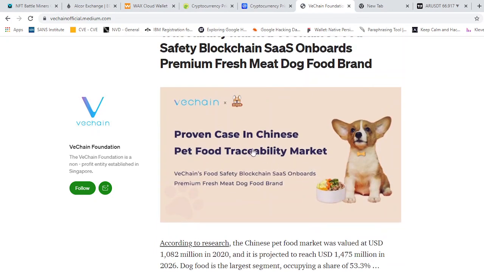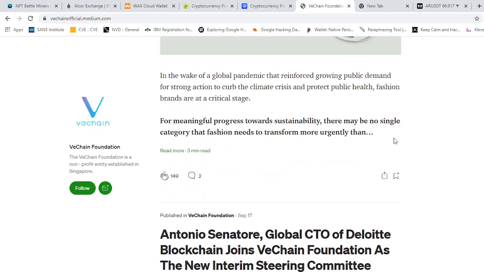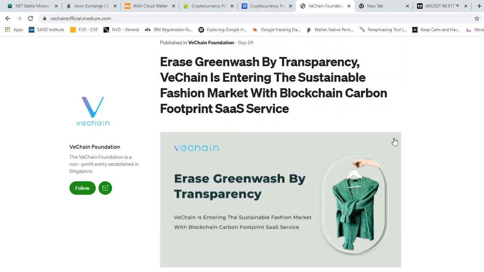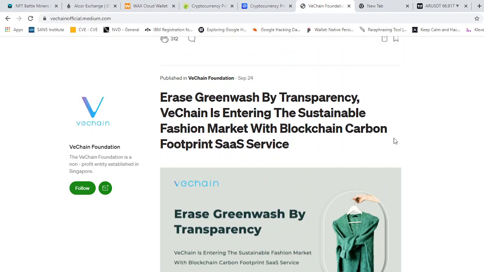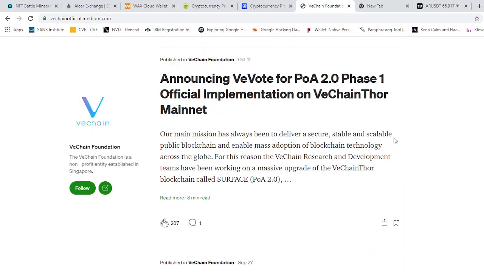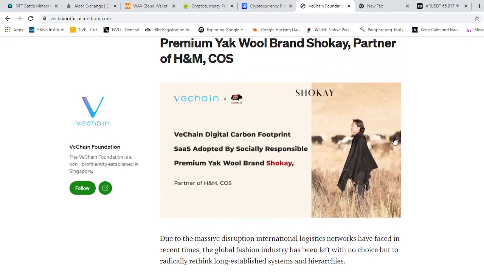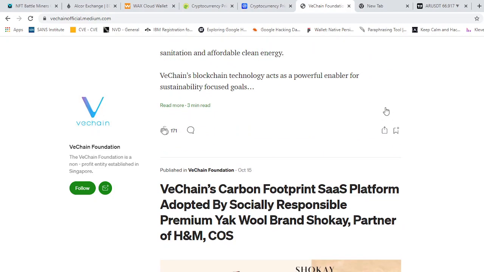You see right here, "Proven case of safety: blockchain onboards fresh meat dog food brand." VChain is a supply chain crypto, and it's signed on with a lot of food companies. It's also energy friendly, a green coin. It doesn't have that big of a carbon footprint like those of, say, Bitcoin.